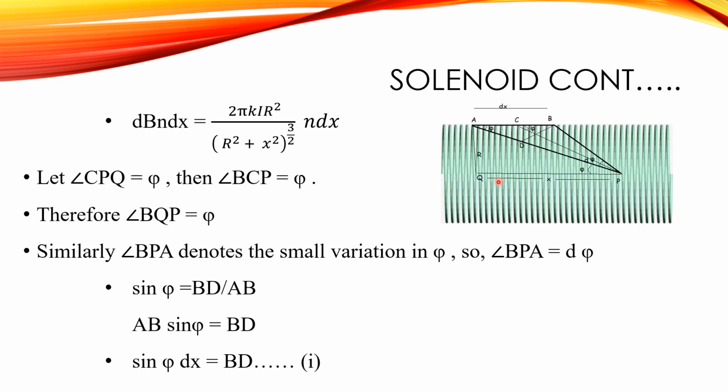Okay, so if we consider this triangle BAD, sin phi is equal to BD by AB. Therefore AB sin phi is equal to BD. So sin phi dx is equal to BD, since AB we have taken as dx. So this is our equation number 1.